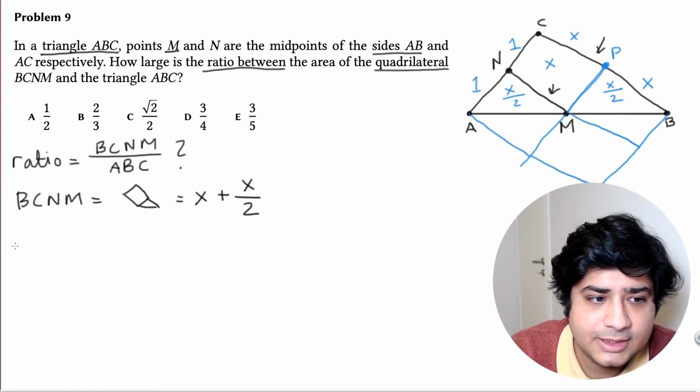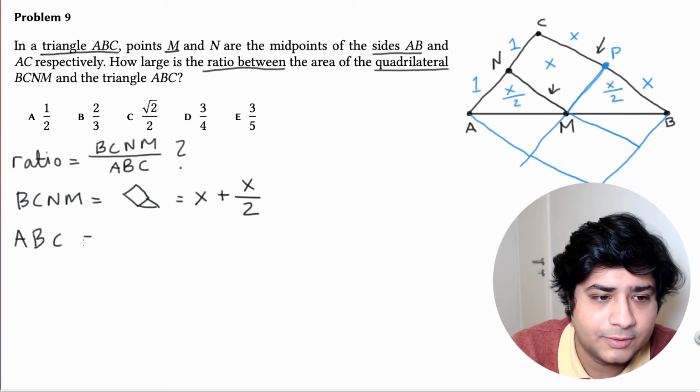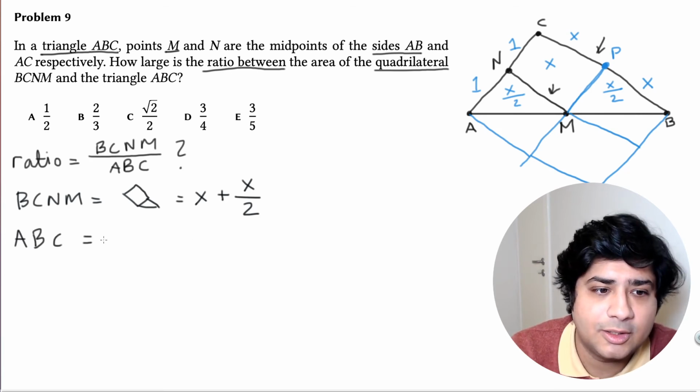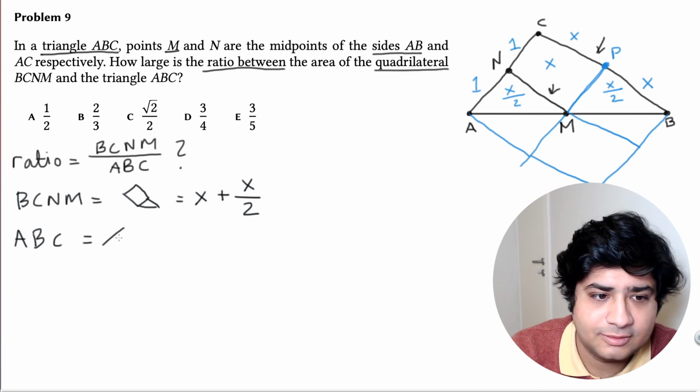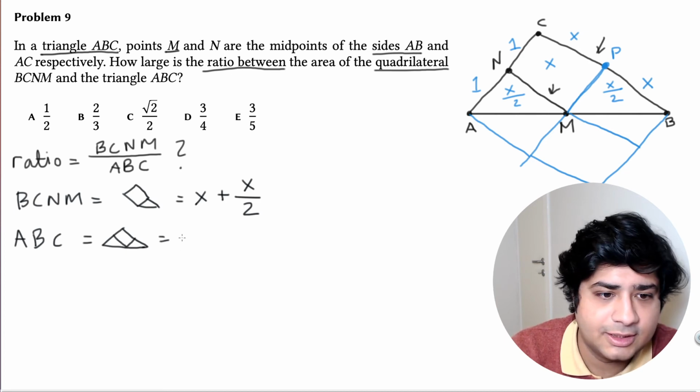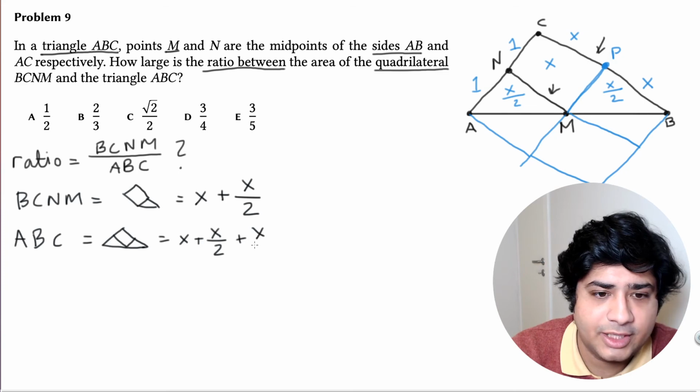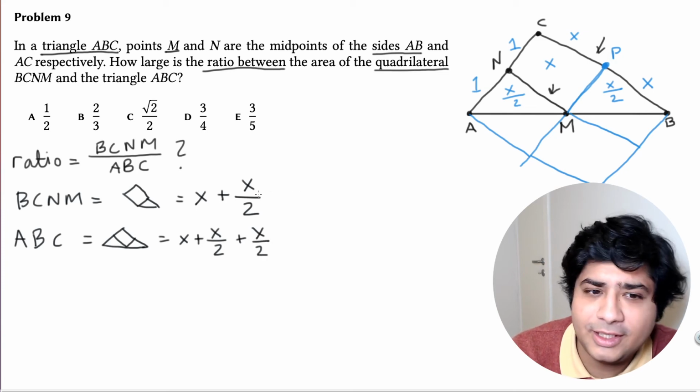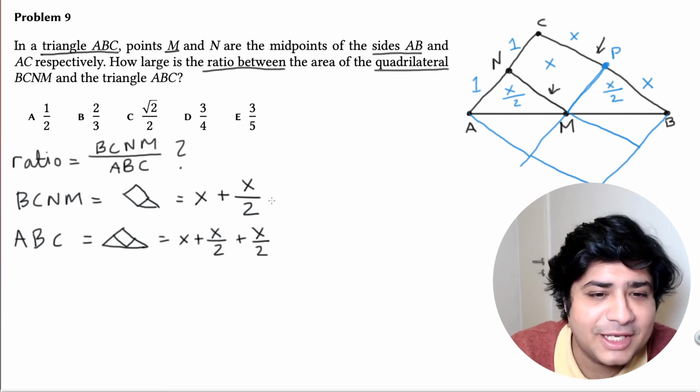And then there's the ABC, which is going to be the entire triangle, which is split up into this, which means that it's x plus x over 2 plus x over 2 again. Okay, well, I think we're getting pretty close to something.